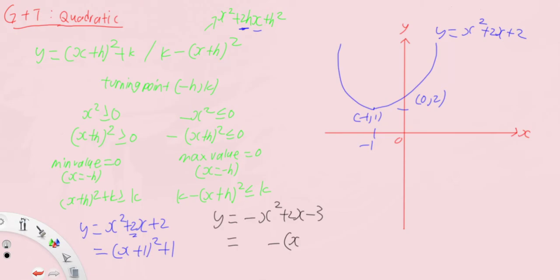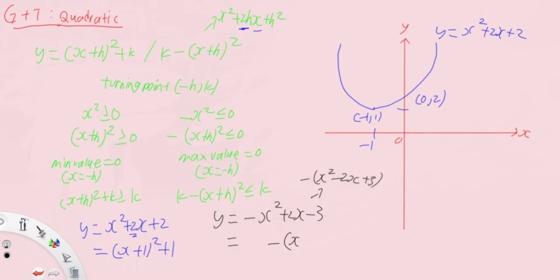However, you must take note that because we factorize out a minus, we also need to factorize out the minus from 2x and minus 3 correspondingly. After factorizing out, we have minus (x squared minus 2x plus 3). Take note of that.